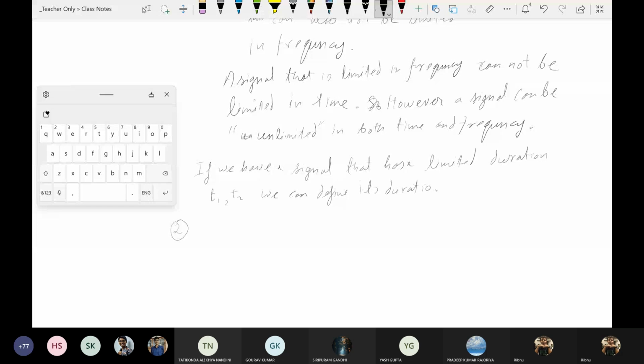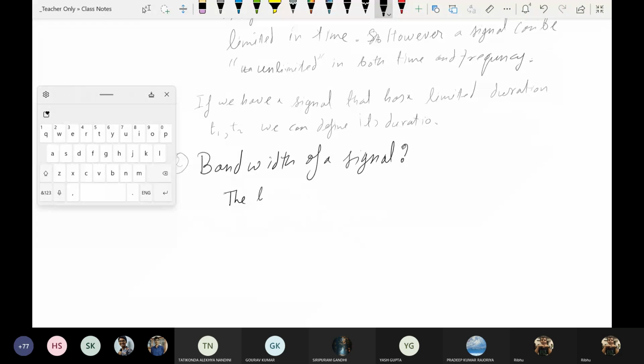Okay, since we are running short on time, the bandwidth of a frequency limited signal is defined as the range of frequencies on 0.